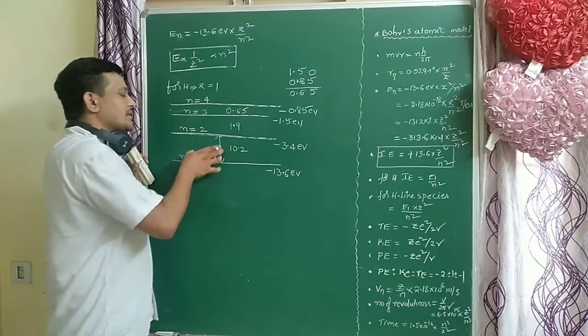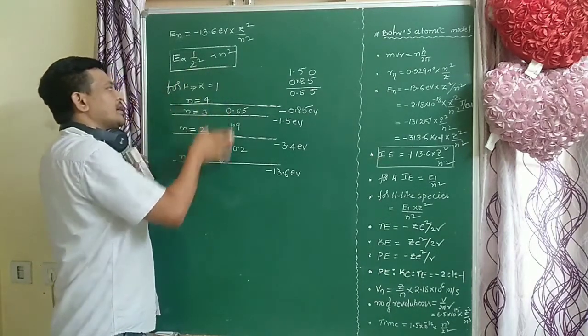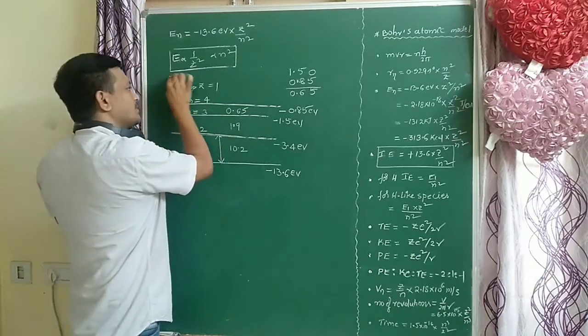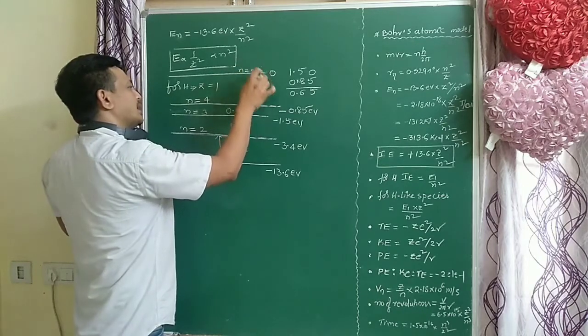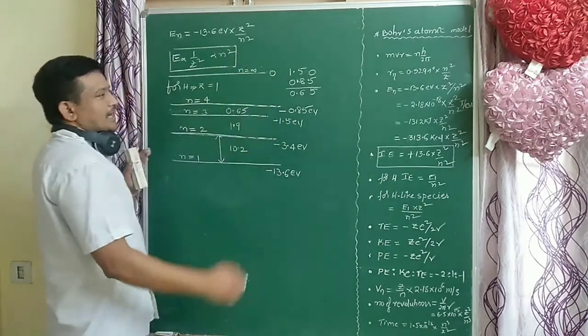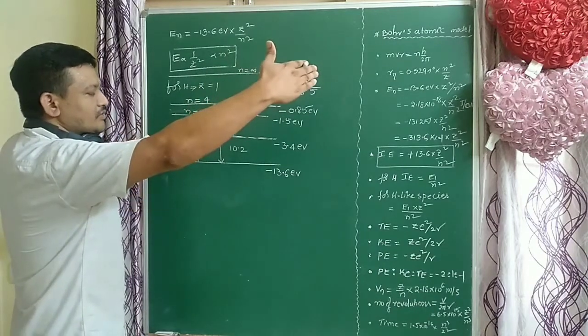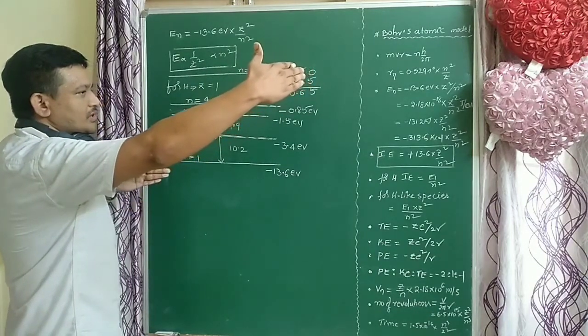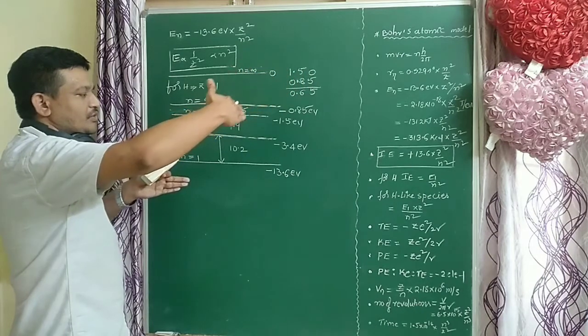So as n value increases, energy of the orbit increases, and going to infinity, energy equals 0. At n equal to infinity, energy equals 0. At infinite distance energy equals 0, and towards the nucleus energy decreases. That's why that value is negative.